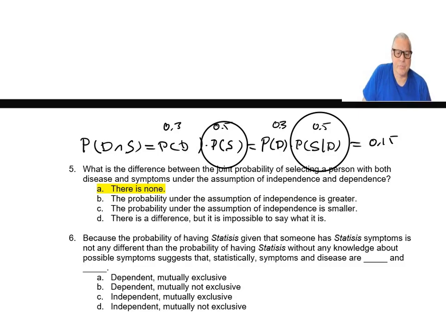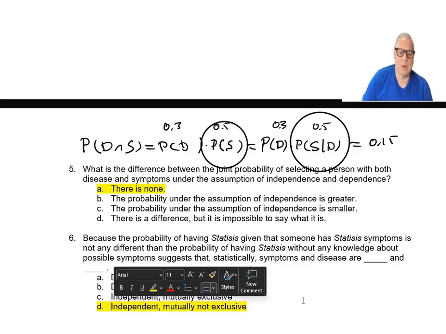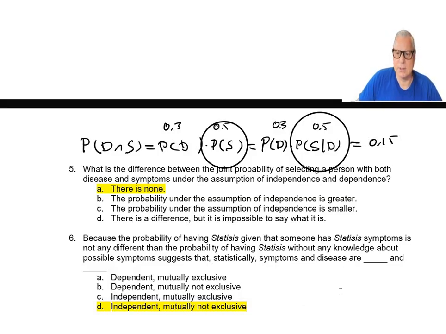We know they are independent, so it must be C or D, that they are independent and not mutually exclusive. I think that's the correct wording. Anyhow, I think the point is clear, so let's stop here and continue with a couple more multiple choice questions.